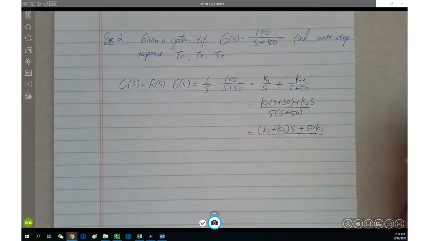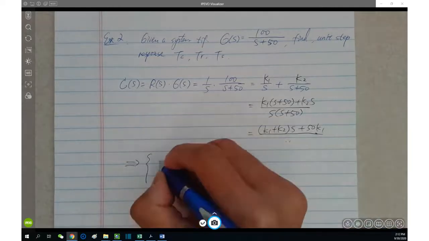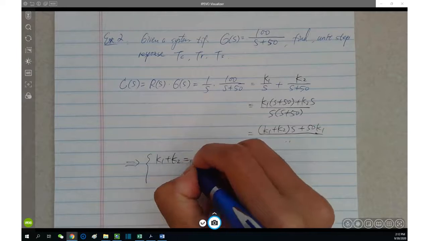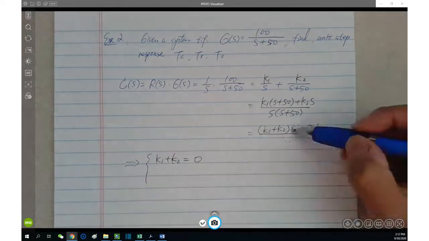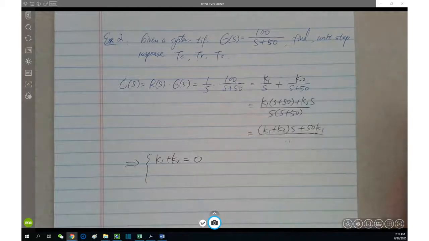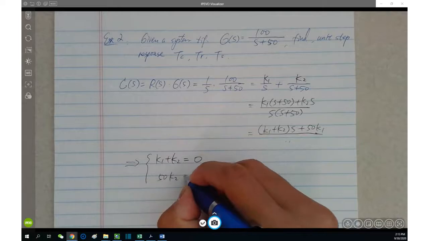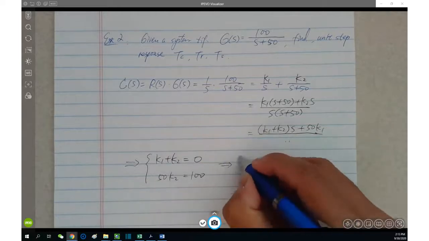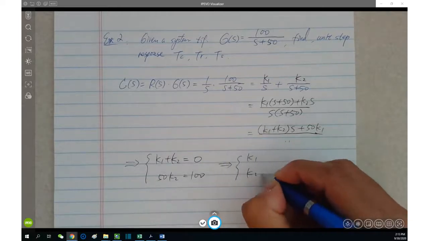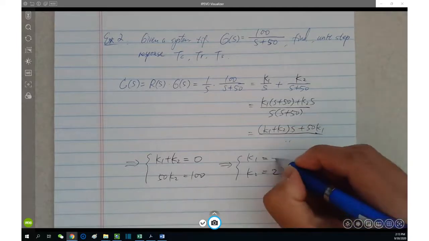Denominator remains the same. So we immediately come up with two equations. K1 plus K2 equals what? 0. There's no S term. 100 only. Constant term, right? So no S term. And 50 K2 is equal to 100, right? So from here, you can tell K1 and K2 values. K2 is 2. K1 is -2 then.